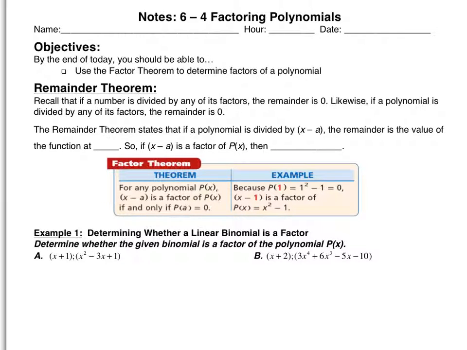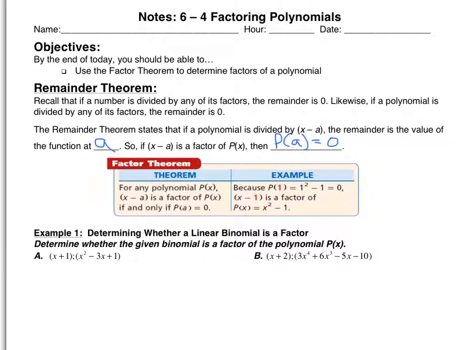The remainder theorem states that if a polynomial is divided by x minus a, the remainder is the value of the function at a. So if x minus a is a factor of p of x, then p of a equals 0.